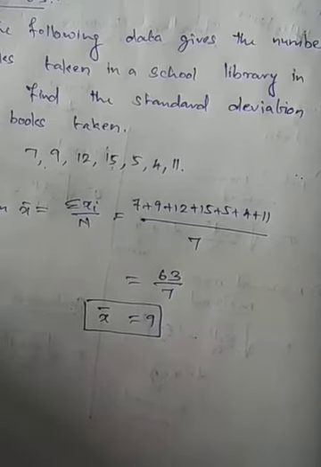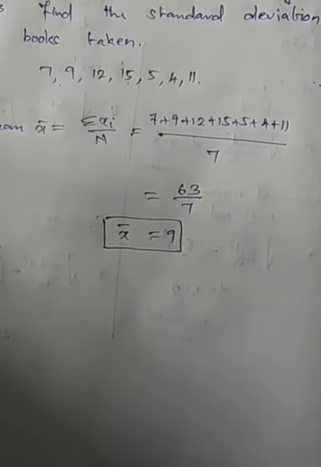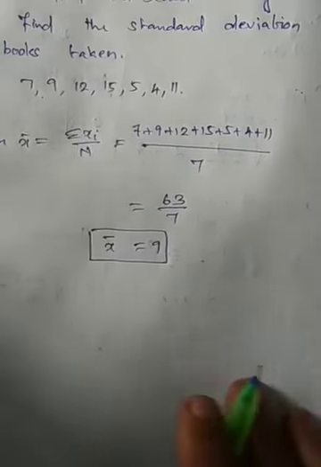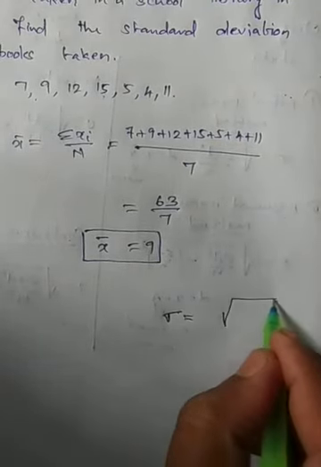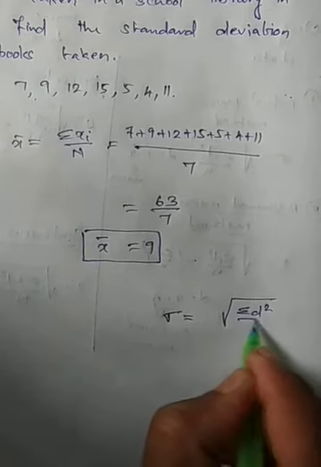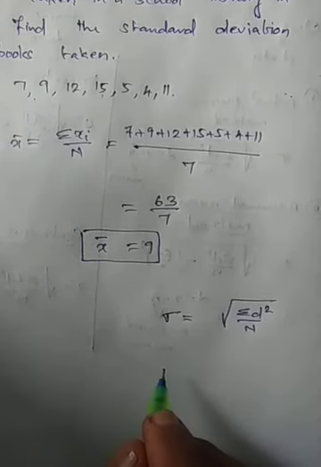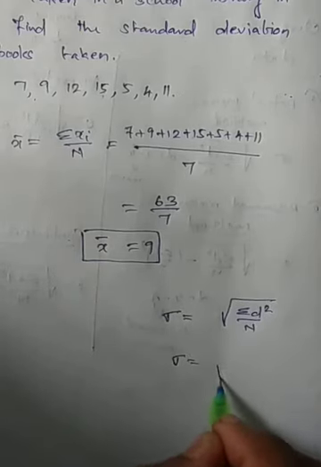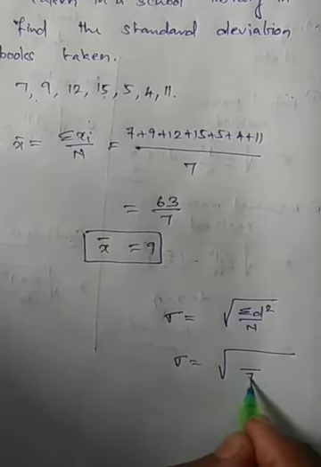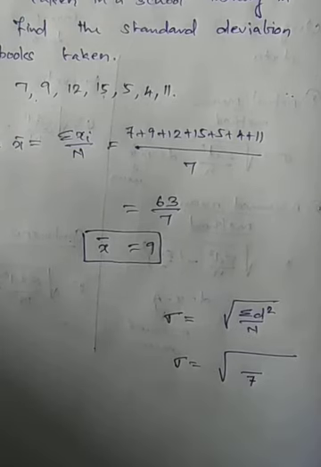After finding this one, we need to make a table. What's the formula we are having? Sigma equals square root of sigma d square by n. Capital N, small n, whatever you can write. Here n is 7, so divided by 7. The only thing left is sigma d square.